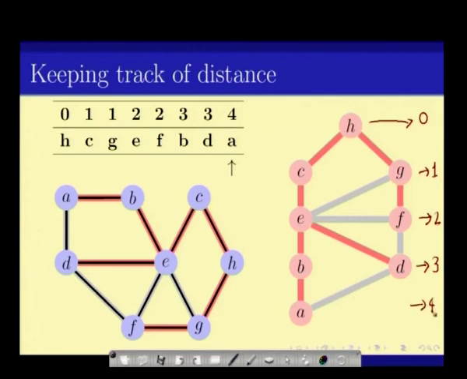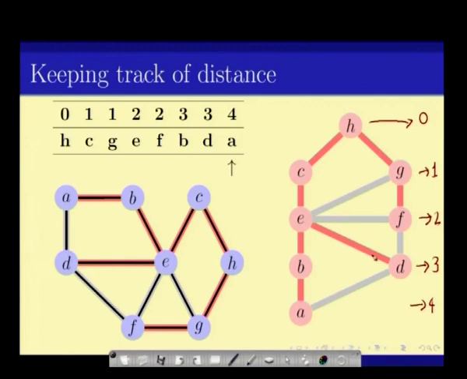Note that the non-tree edges go from distance i to i minus 1, i plus 1, or i. So, I cannot have a non-tree edge going from G to B, because the difference between these two distances is 2.